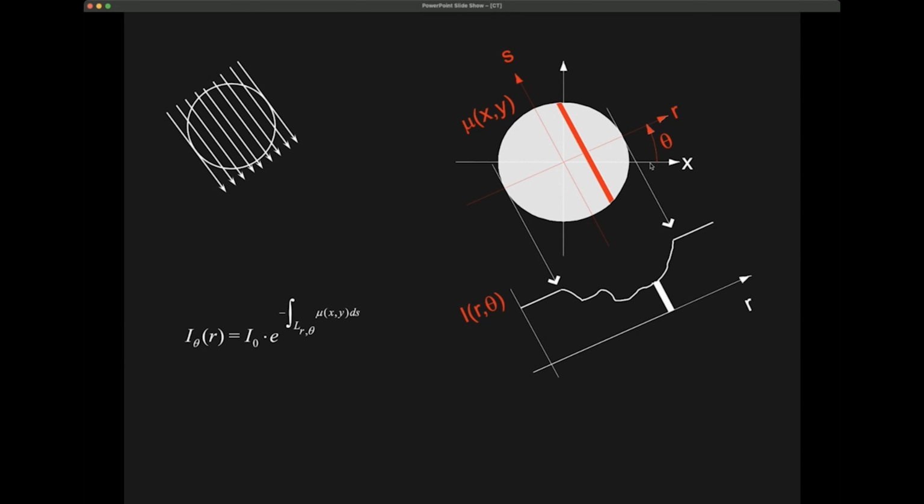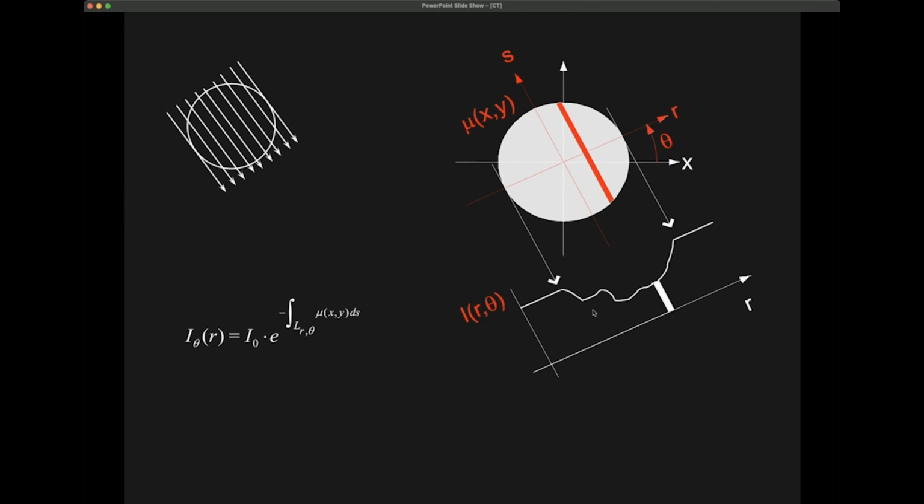So for a certain angle theta in this direction, we have a spatial distribution of the attenuation coefficients. This is actually what we want to measure, because we want to measure the different types of tissue, so we want to recover these different attenuation coefficients. But what we measure in reality is these projections.